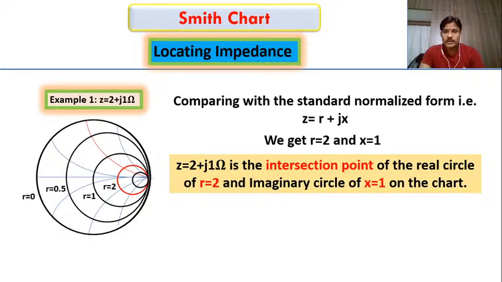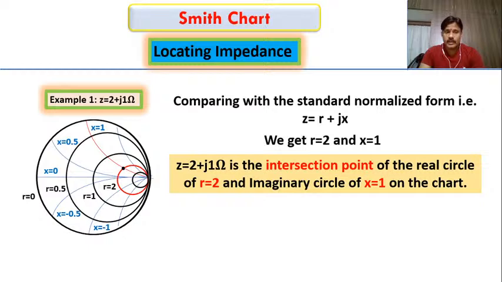The first horizontal blue line will have x value of 0, and the next line will have x equals to 0.5, and another line below this x equals to 0 line will have exactly the reverse value, that is a negative value, x equals to minus 0.5, like this. And then similarly the next line will have x equals to 1, and at the bottom side we will have x equals to minus 1.